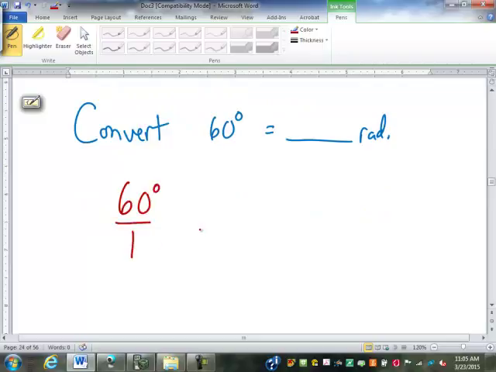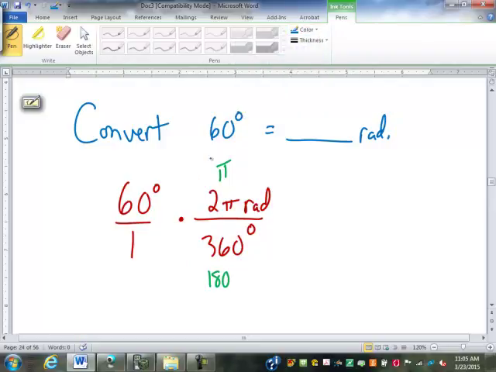I'm going to make it 60 degrees over 1. I'm not going to put equals, I'm going to multiply. We're going to put degrees on the bottom so that they cross cancel out. Radians are going to go on top. 360 degrees equals 2 pi radians. Now, actually, what's probably simpler is 180 degrees equals pi radians, right? Cancel out the 2 and the 360.